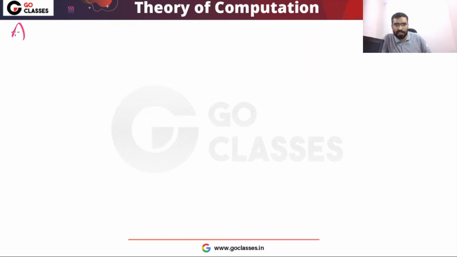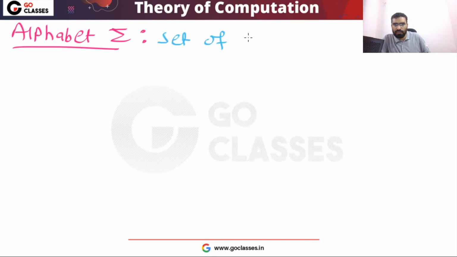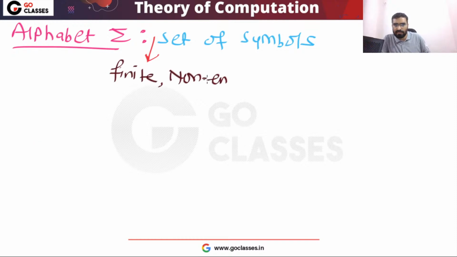Remember, what is the difference between alphabet and language? Alphabet is a set of symbols, atomic symbols. I can say it is a finite non-empty set of symbols. It must be a finite set of symbols, and it must be non-empty.